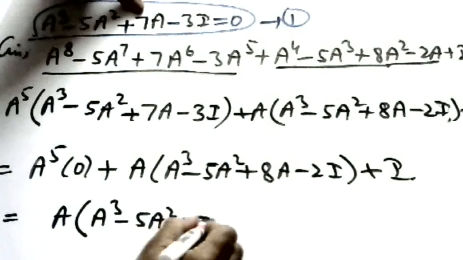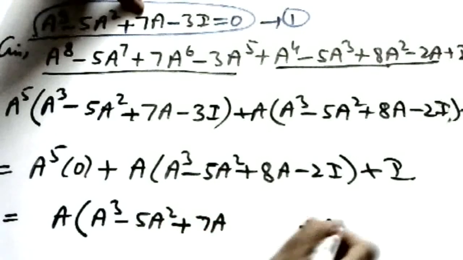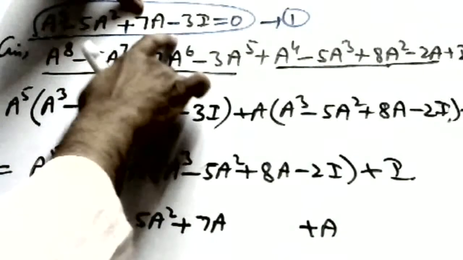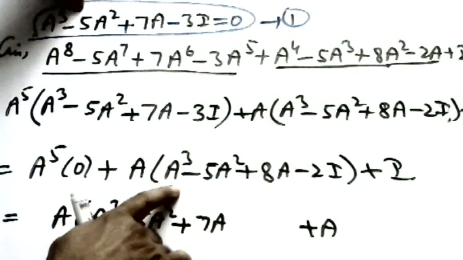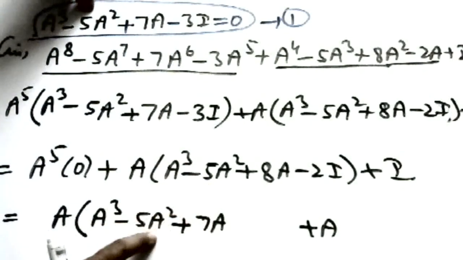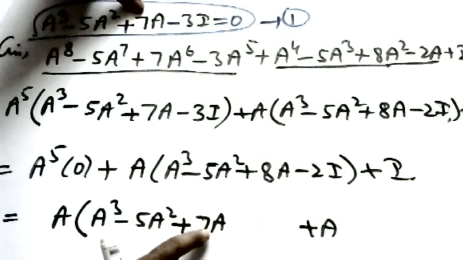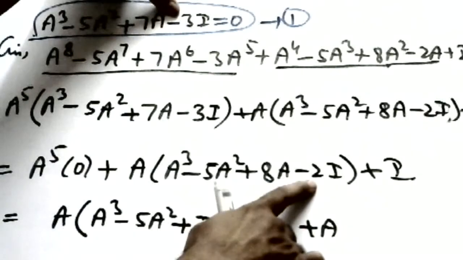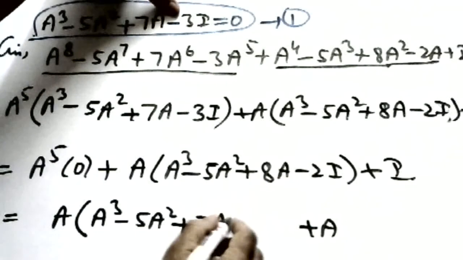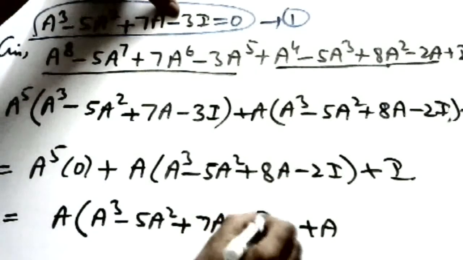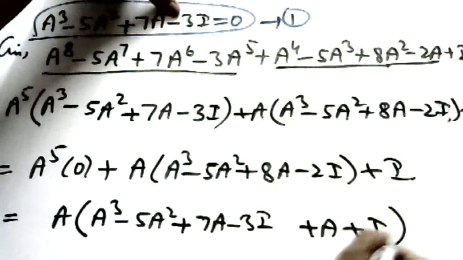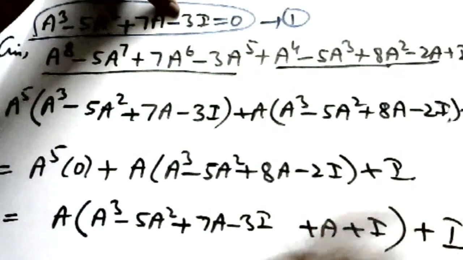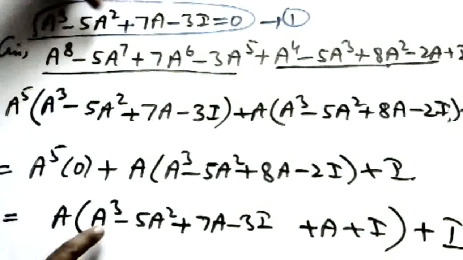We want 7A, so you can write 8A as 7A plus A. Why are we changing like this? Because then this value will be 0. A cube we already have, we don't change. Minus 5A square as it is. 8A we write as 7A plus A. Then we have minus 2I here, so we can write it as minus 3I plus I. See here, minus 3I plus I will be minus 2I. Again we are left with I here.